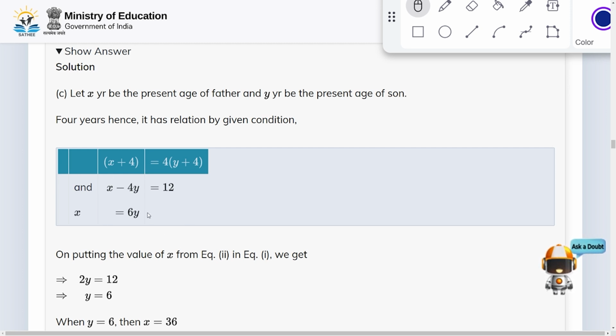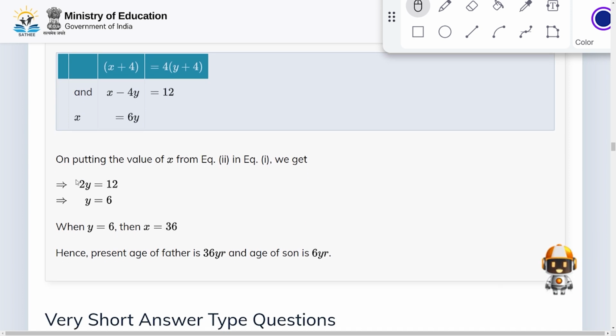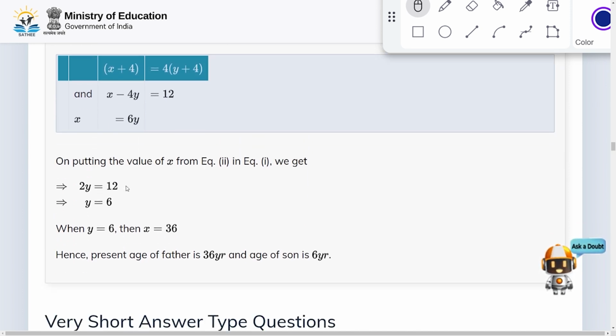Now we can solve this pair of linear equations by using an algebraic method like the elimination method or the substitution method. Putting the value x equal to 6y in the first equation, we get 2y is equal to 12, which implies y is equal to 6.